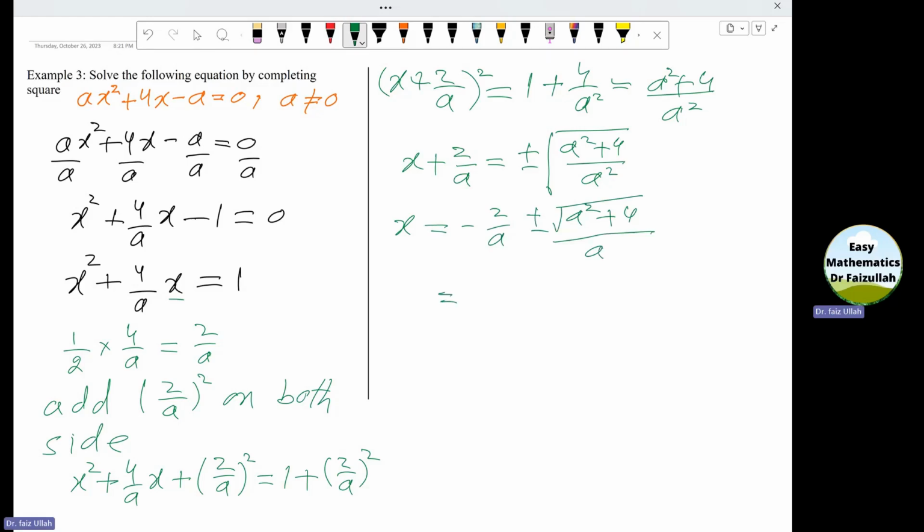And now let us take the LCM. The LCM is a, and we have minus 2 plus minus under the root a square plus 4, and that is the required solution. So let us write it in a set. We have minus 2 plus minus under the root a square plus 4, and whole divided by a. That's all.